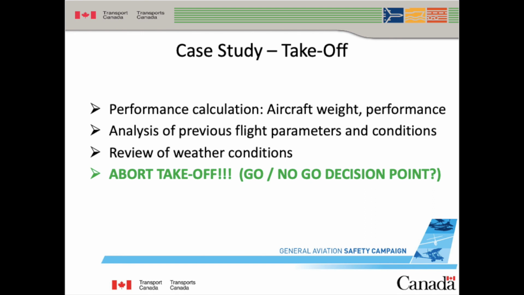So in other words, did the pilot do any sort of takeoff calculations, taking into account all of the conditions of the day? Not sure. Probably not. But if he had done so, maybe the outcome would have been different.